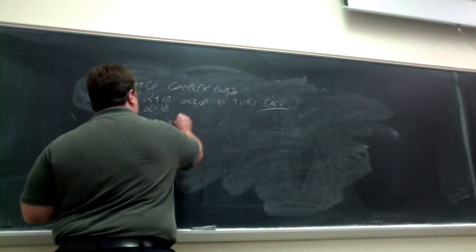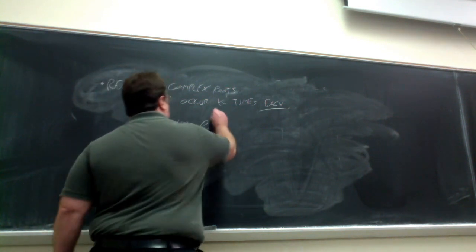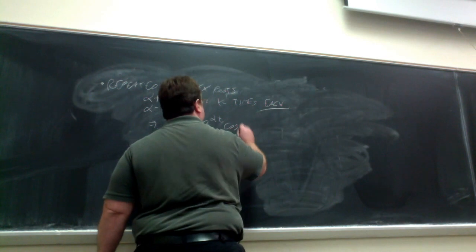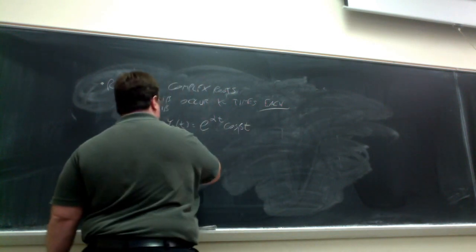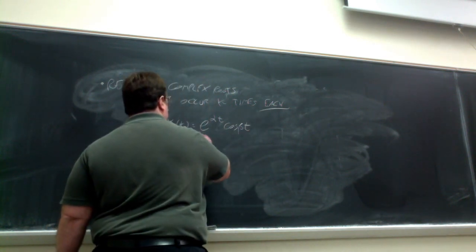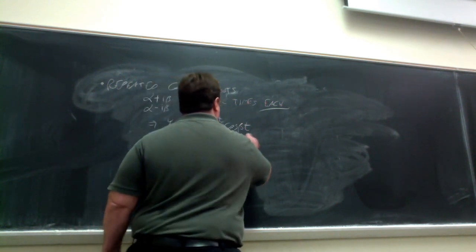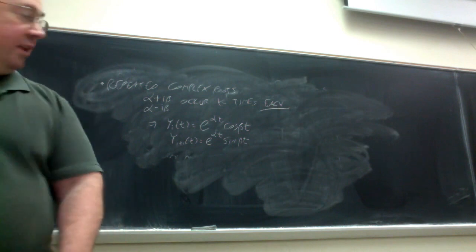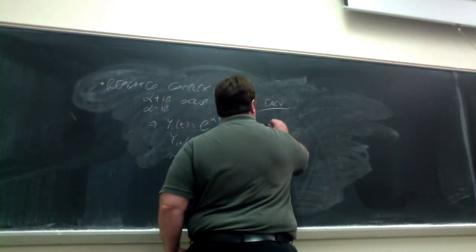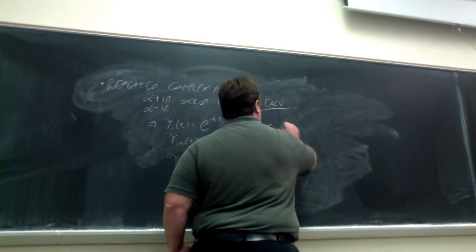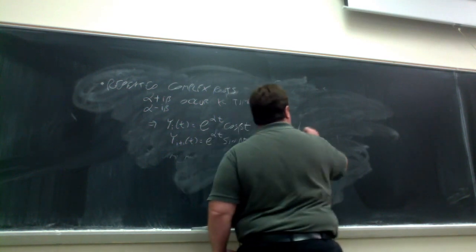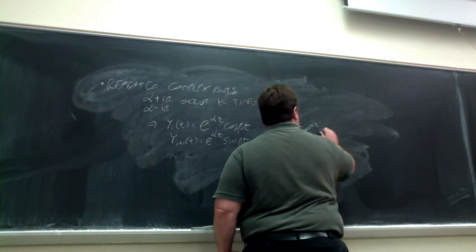Then you have the same solutions as before, exponential times cosine and then sine. And then your next pair of solutions is all that times t.